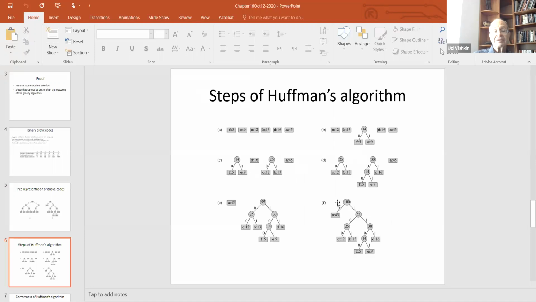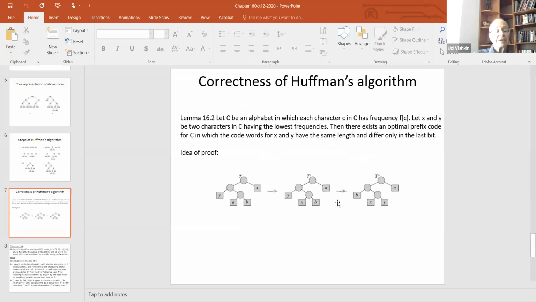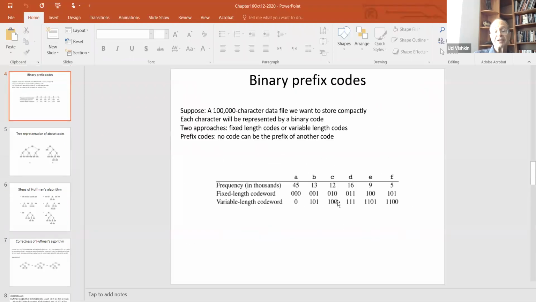This is known as Huffman's algorithm. We are going to reason about its complexity. So I'm going to present the algorithm, reason about its complexity and correctness, of course.